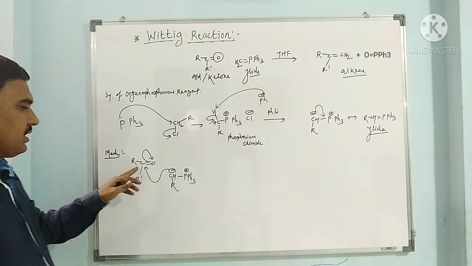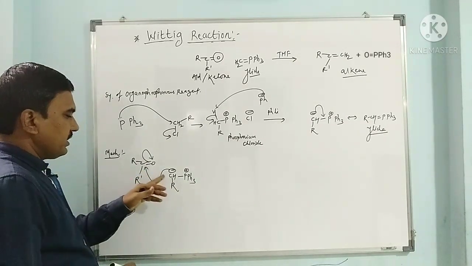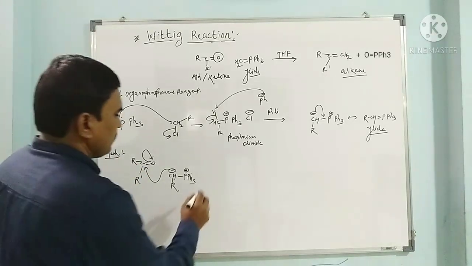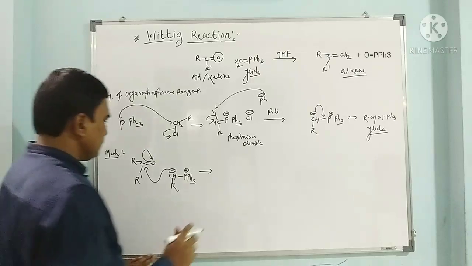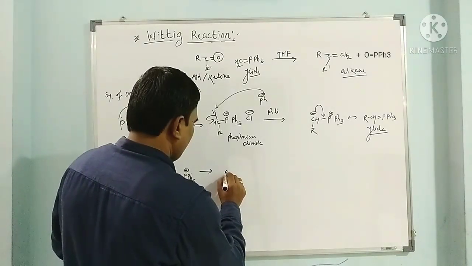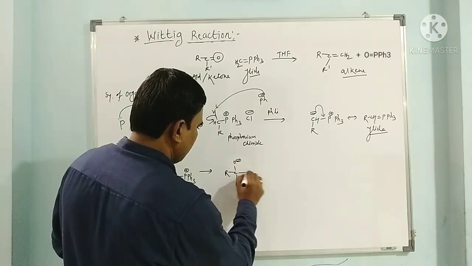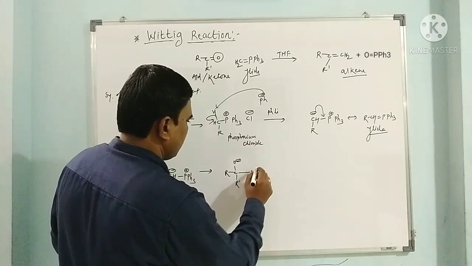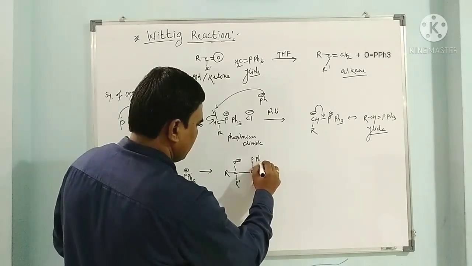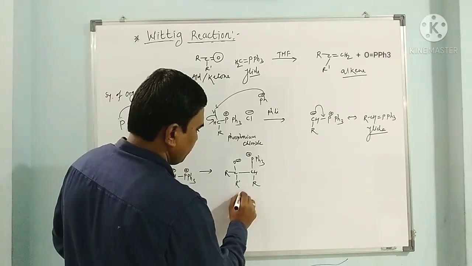So the carbonyl carbon acts as an electrophile and this carbanion of the ylide acts as a nucleophile. So this organophosphorus reagent, that is ylide, reacts with this, gives this R C O minus, this R dash, this is CH R, this is P PH3, and this is called as betaine.